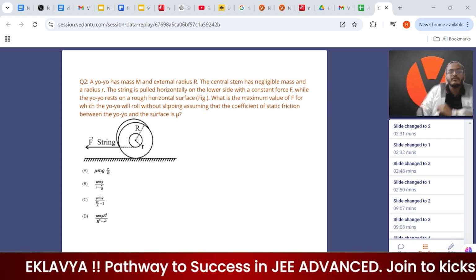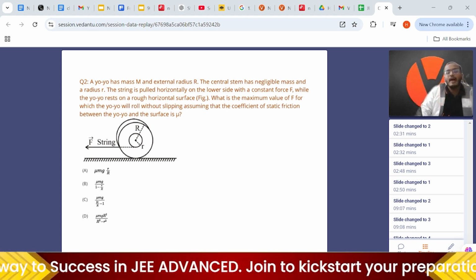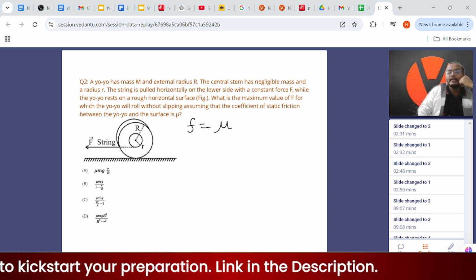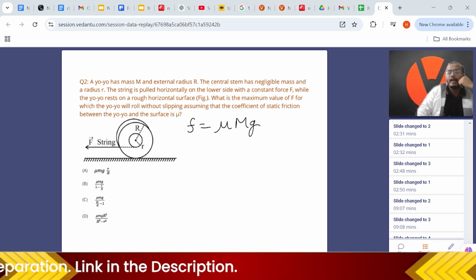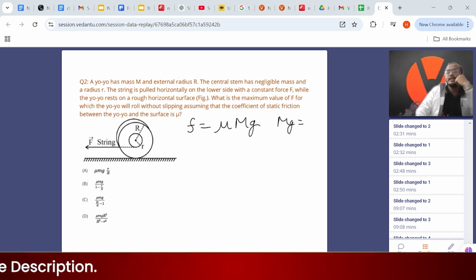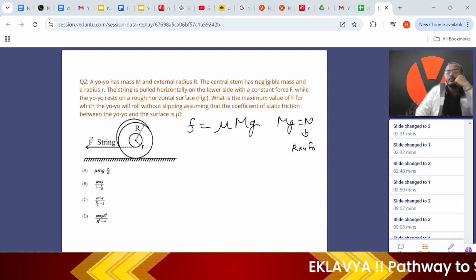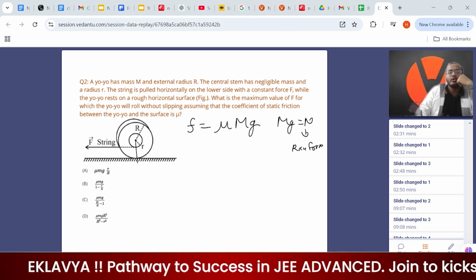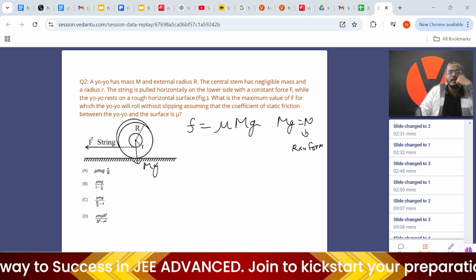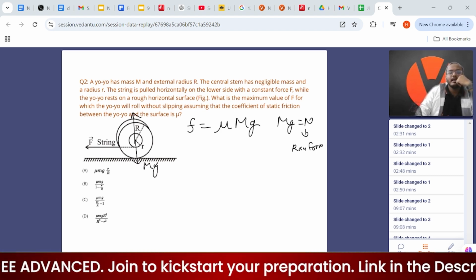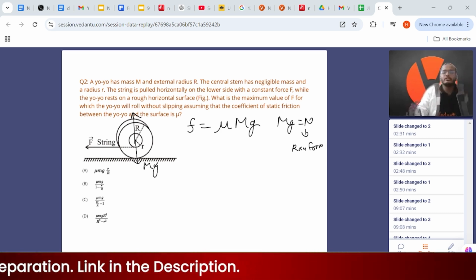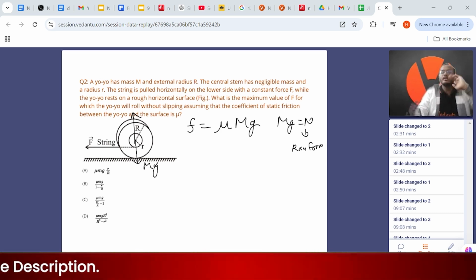Okay, since force is applied here, in the opposite direction there will be a friction force, and it will be equal to mu mg, where mg is equal to N, the reaction force. Since my yo-yo has mass m, below it will be mg, so there will be an equal and opposite reaction. Since there is no vertical movement, there is only horizontal movement, and that too is rolling motion.